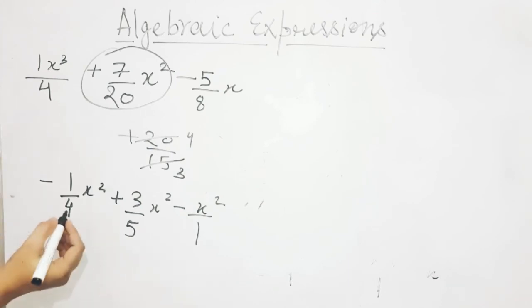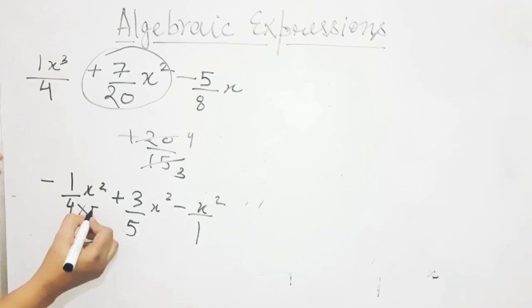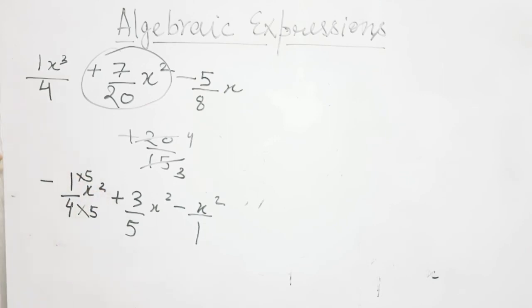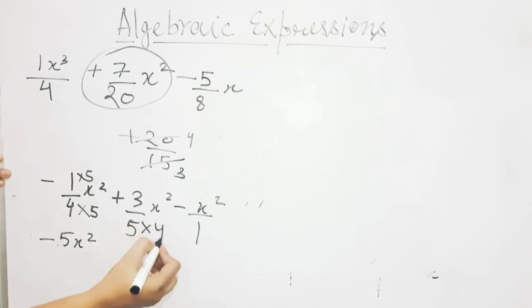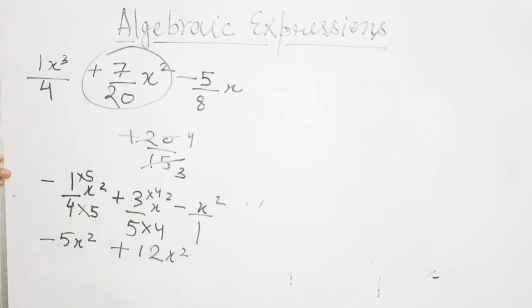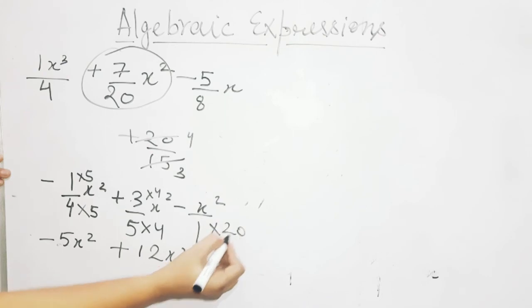So now to make it 20, 4 has to be multiplied by 5. So here it will be minus 5x square. Now to make it 20, 5 has to be multiplied by 4. So 3 4s are 12, so plus 12x square. Now 1 has to be multiplied by 20.